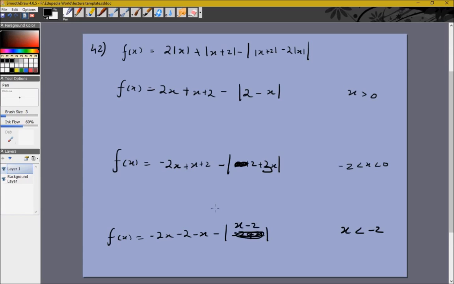Now let's try to simplify them wherever we can. Mod of x minus 2 will always be negative for x less than minus 2, so this can be written as minus of 2 minus x, or you can just write it as plus of x minus 2. So minus x and x cancel.